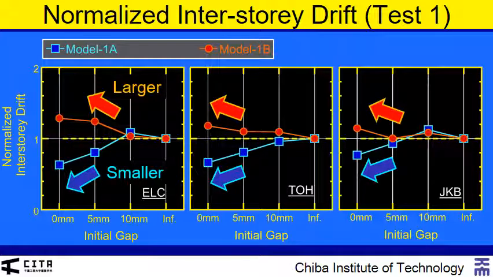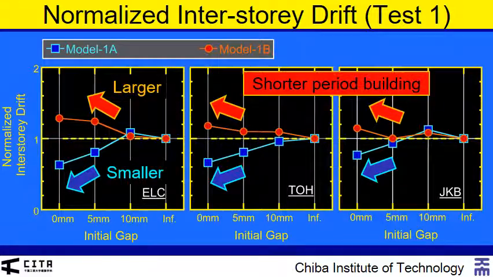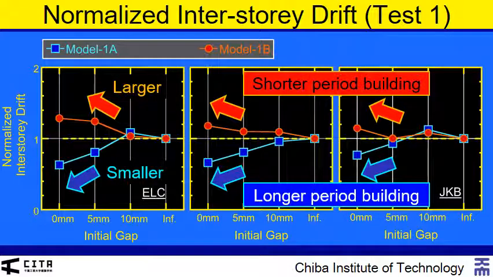On the contrary, the normalized drift of Model 1B is larger than 1 in most cases. This observation indicates that in case of pounding of low-rise buildings, the peak displacement of the shorter period building increases, while that of the longer period building decreases.